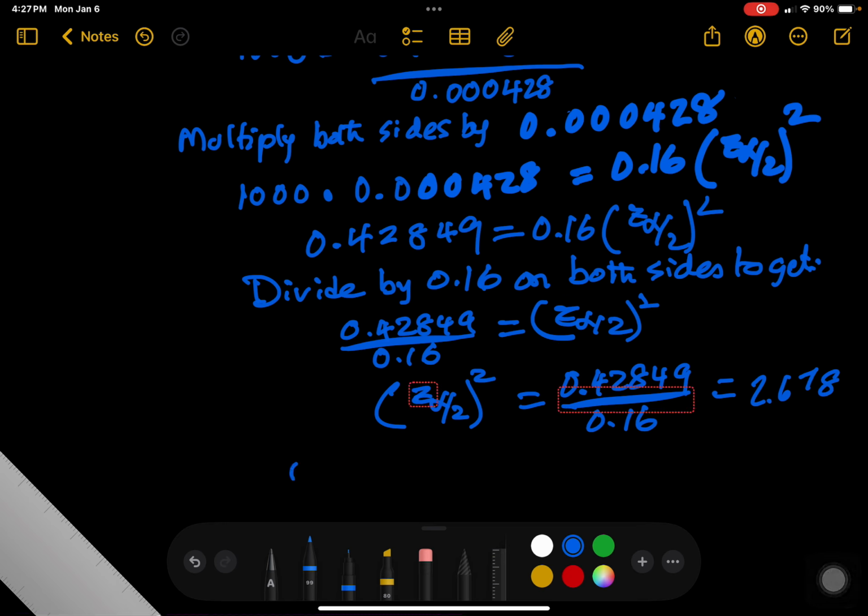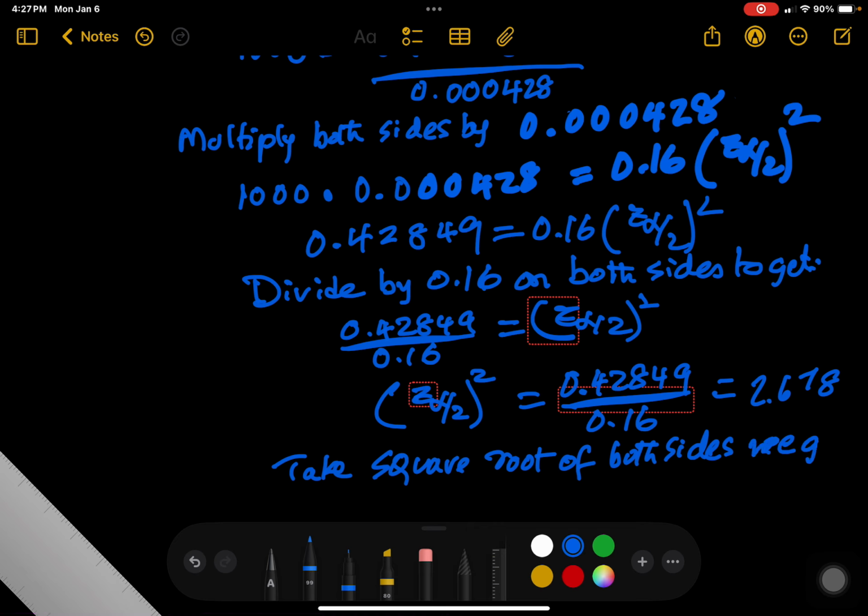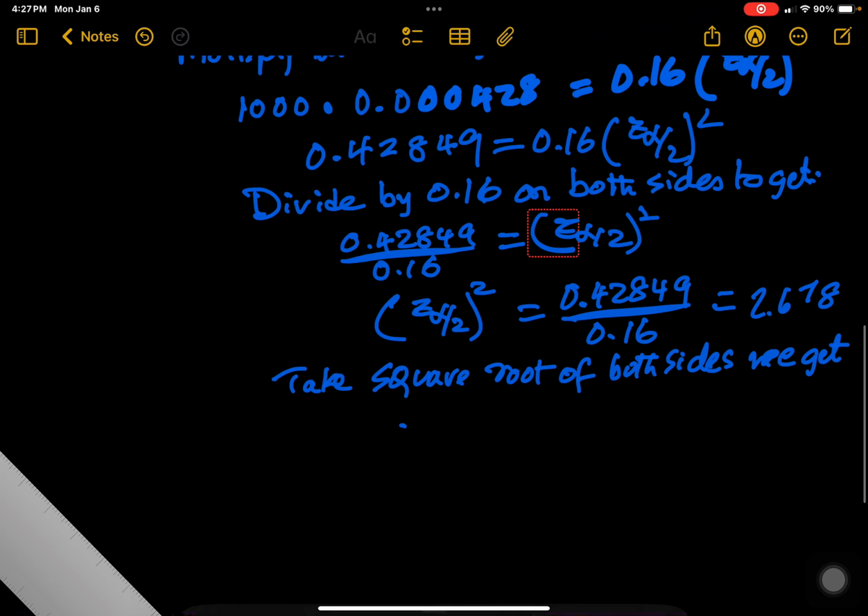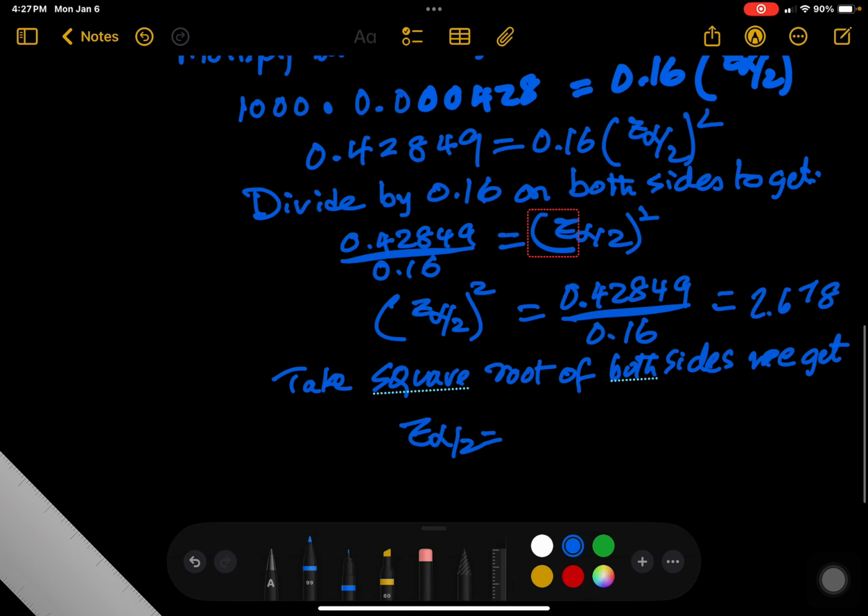Now take the square root of both sides. We get Z alpha by 2 is equal to the square root of 2.678, and that is equal to 1.64.